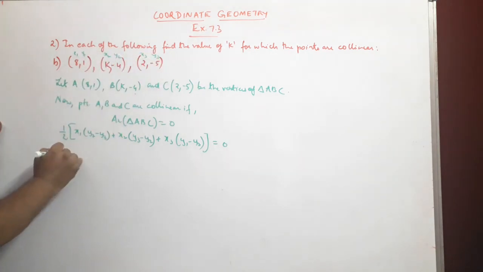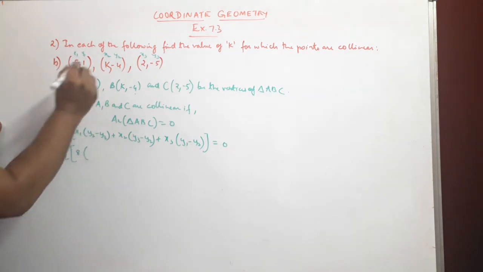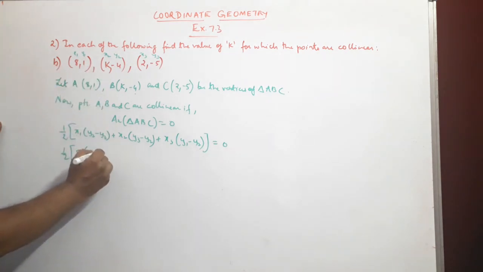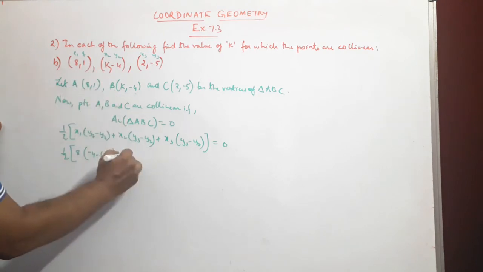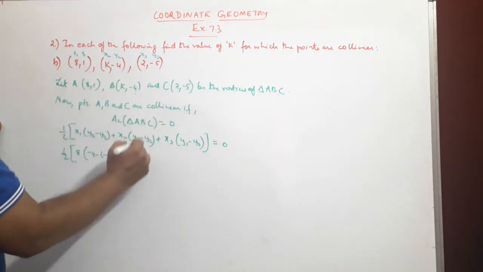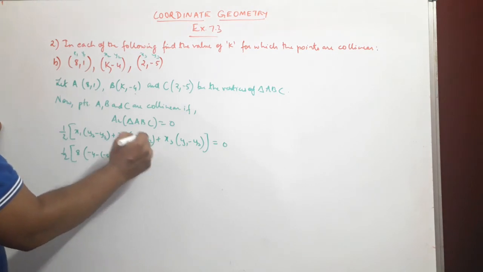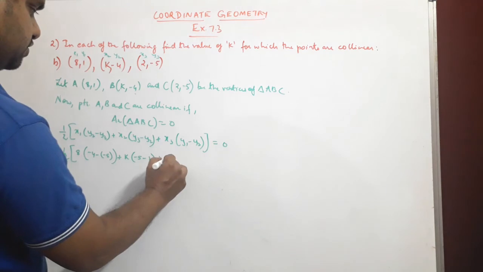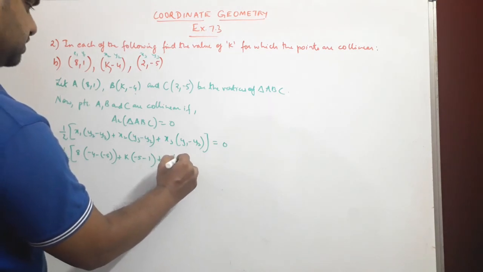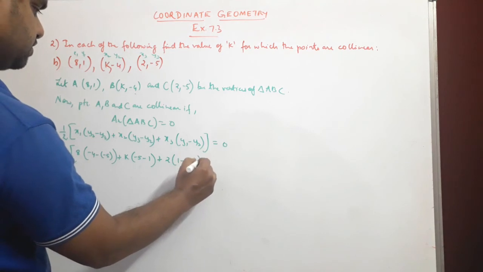So let's just substitute half into x1 is 8, y2 is minus 4, y3 is minus 5, close the bracket, x2 is k, y3 is minus 5, minus y1 is 1 plus x3 is 2, y1 is 1 minus y2 is minus 4, close the bracket, whole thing equal to 0.